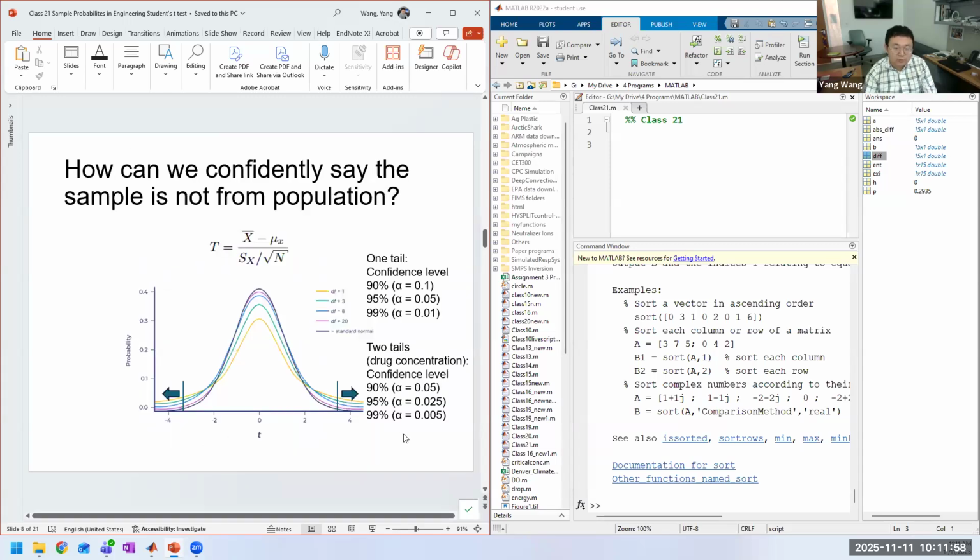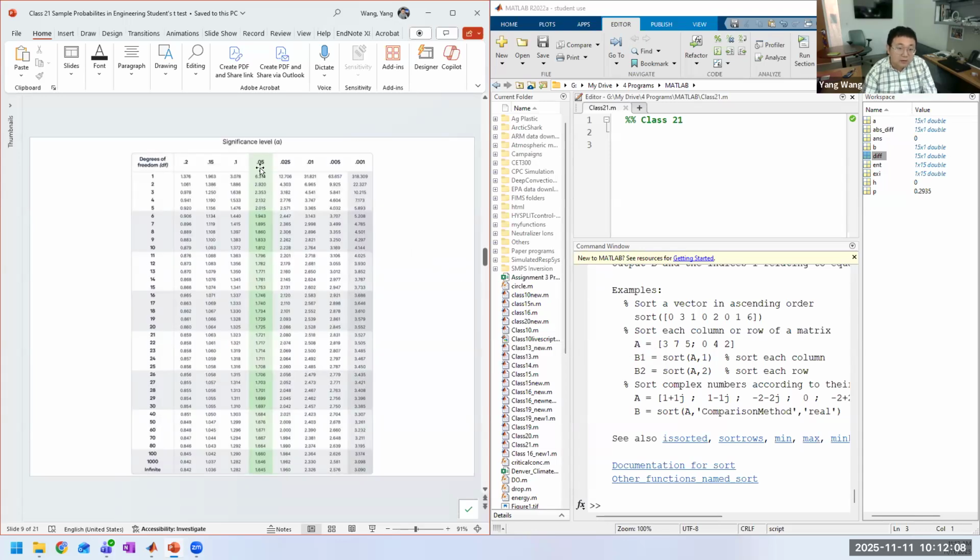For example, we were talking about either the two-tailed test or one-tailed test, but either way, if you're looking for the alpha being 0.05, then we can look for the alpha here, and it also depends on the degree of freedom, basically the number of samples we took minus 1. We could be taking 61 samples, right? Then the critical T value we should be looking at is 1.671.